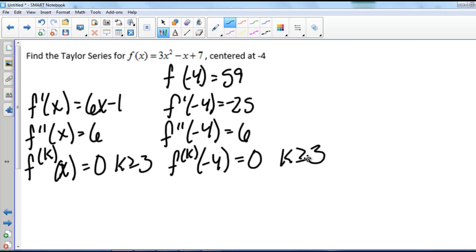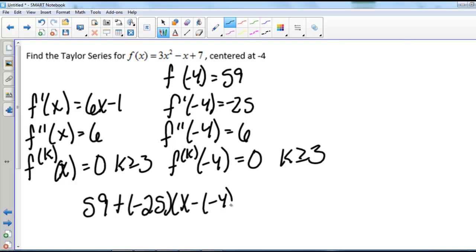So our Taylor series is 59 plus negative 25 times x minus negative 4 plus 6 divided by 2 factorial times x minus negative 4 squared, and then we get our 0 terms.